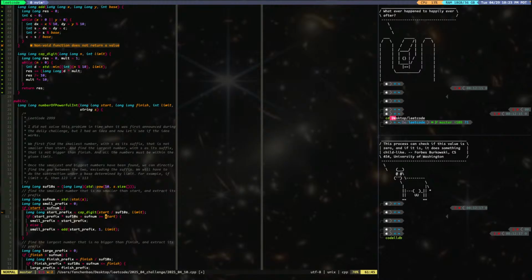But if it's smaller than, because we have capped it, right? We put a cap on it. Now we have a cap on it, and it's smaller than start.